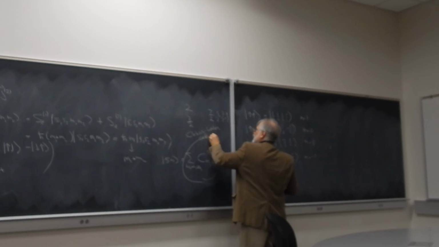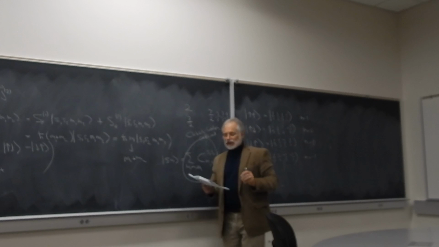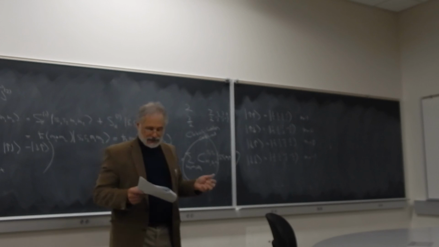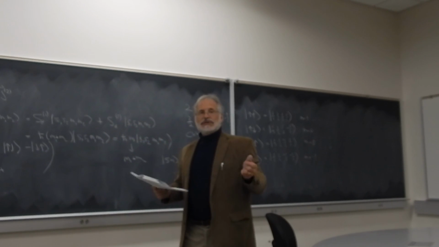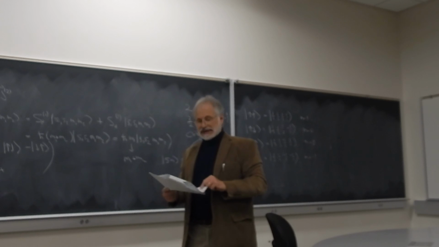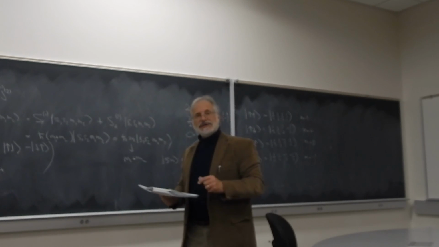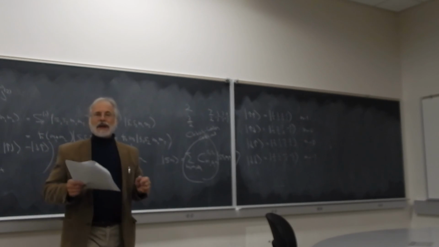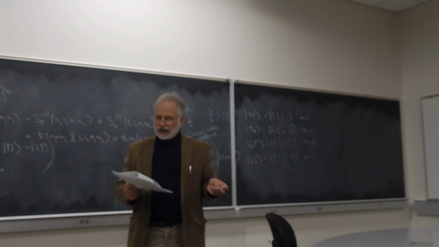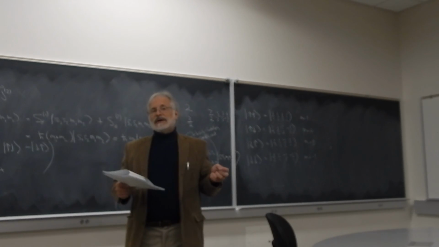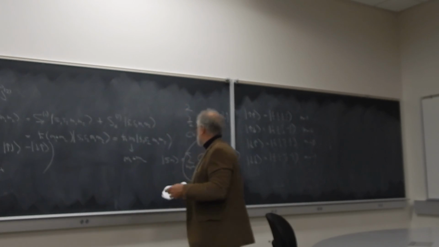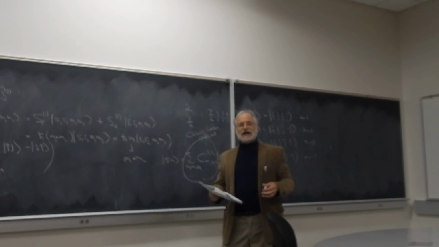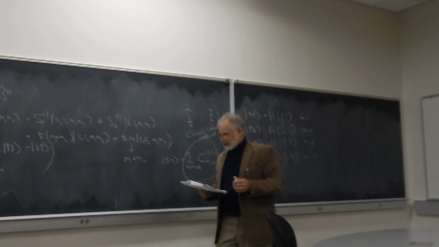There are tables, in fact there's one in your text, of Clebsch-Gordan coefficients, and you can use them to calculate the result of combining 2 or more systems of spins. Using those tables is a bit complicated. It's probably more than I want to do at this level, but you can use that table to come up with the coefficients, which will give you the result of the addition of spins for 2 particles.